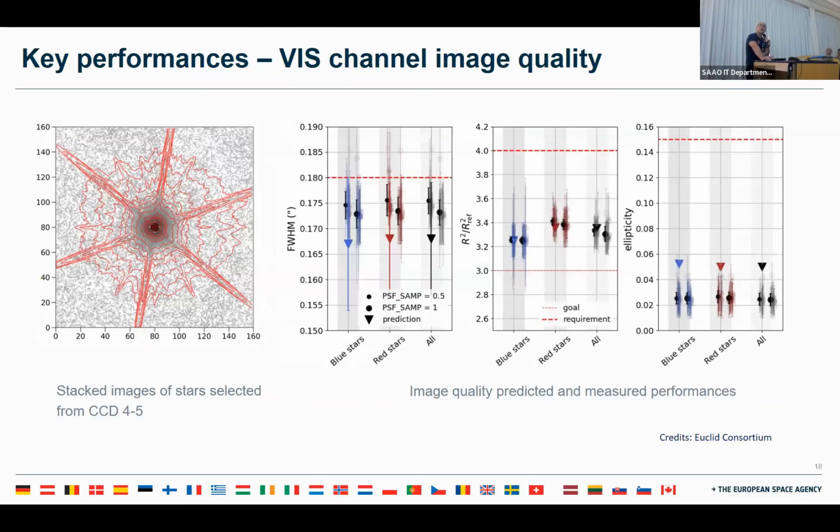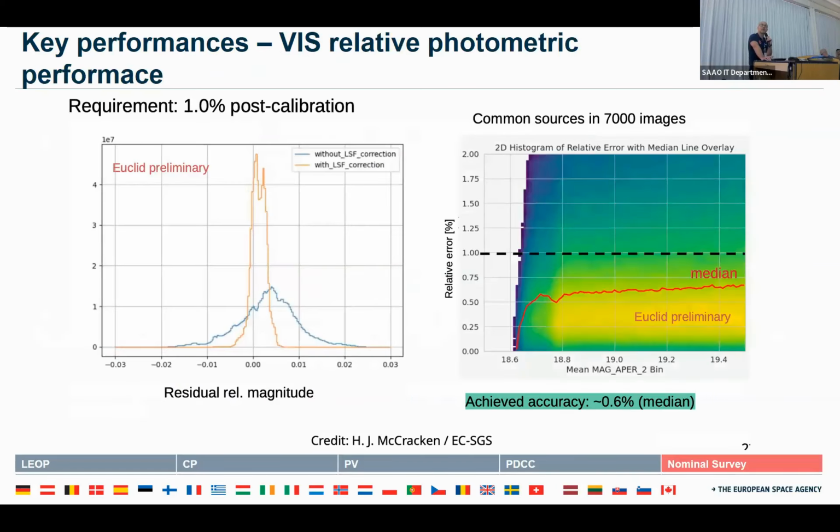In terms of key performances, and again, what really matters for the PSF, you see that it was the day before yesterday, not yesterday, 0.18 full width half maximum is measured after the telescope was put in focus.